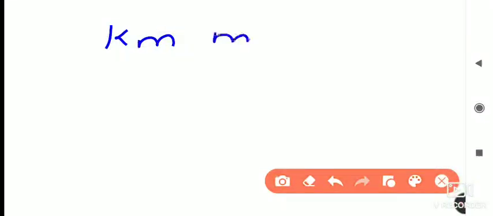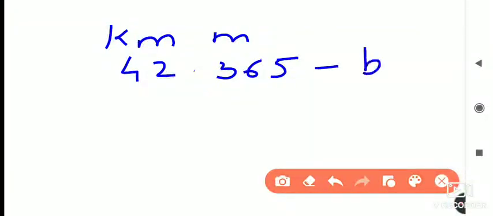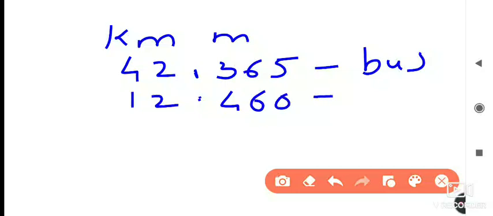So how much distance had he covered by bus? It is 42 kilometer and 365 meter by bus. Okay. The next, 12 kilometer, here it will be point. Kilometer and meters inside, we have to give the decimal point. 12 kilometer and 460 meter by car.